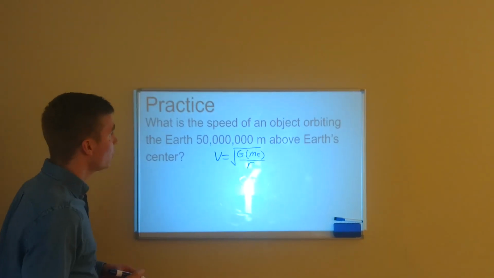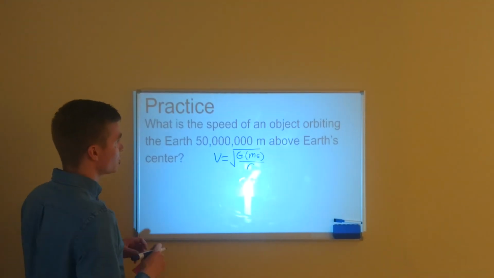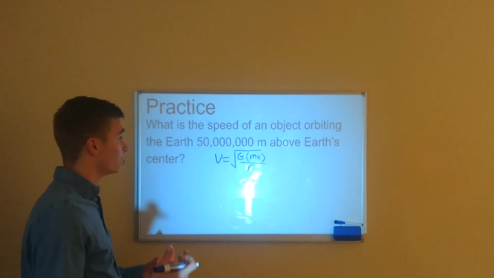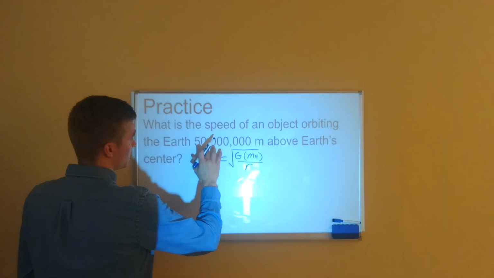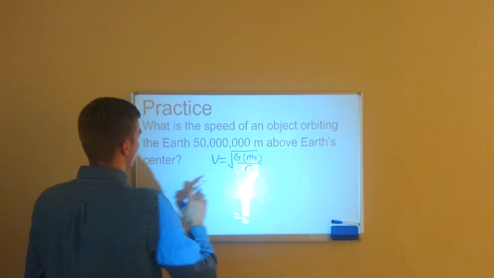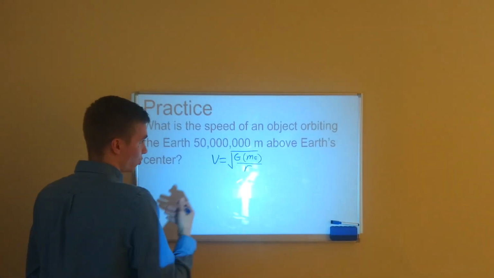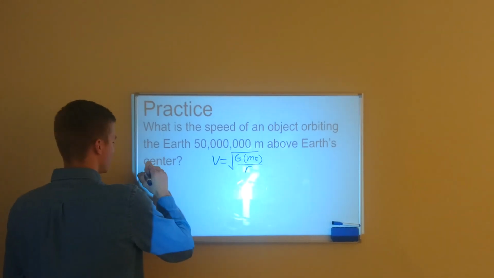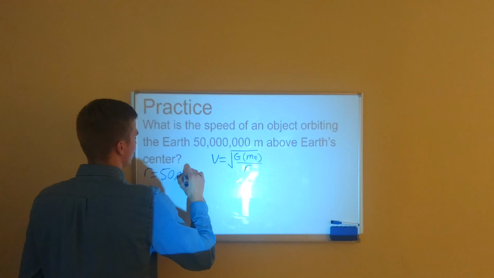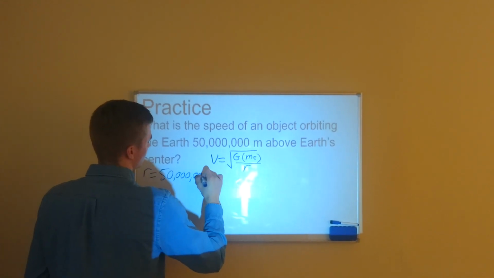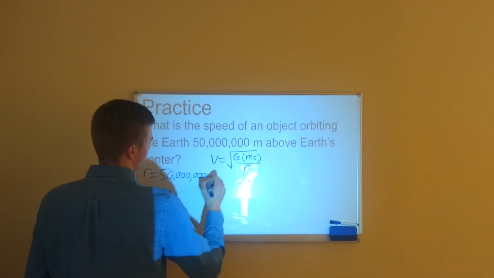Now I'm going to take a look at the question and see if there's any information that I can pull out that would be relevant. We've got this number right here. It's 50 million meters above Earth's center, or away from Earth's center. We remember that that's r, 50 million meters.